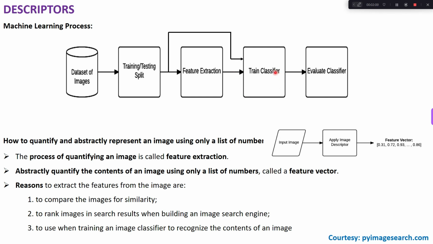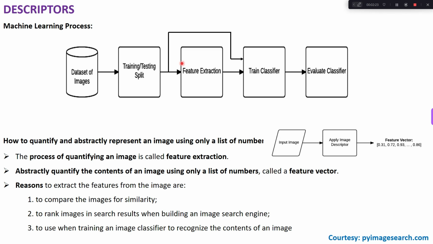In this tutorial, we are going to talk about this feature extraction process. We are going to talk about different algorithms by which we convert our input image into a feature vector. This feature vector is nothing but the numbers which represent an image. We are not going to use pixel values.